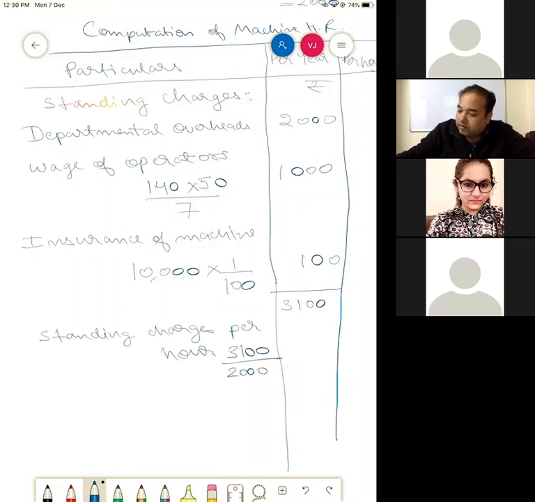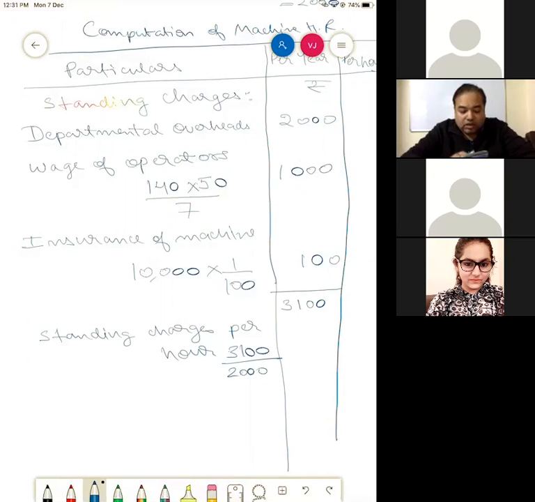So it will amount to, you can use your calculator. 3,100 divided by 2,000 is 1.55. Now this 1.55 you write down under per hour.